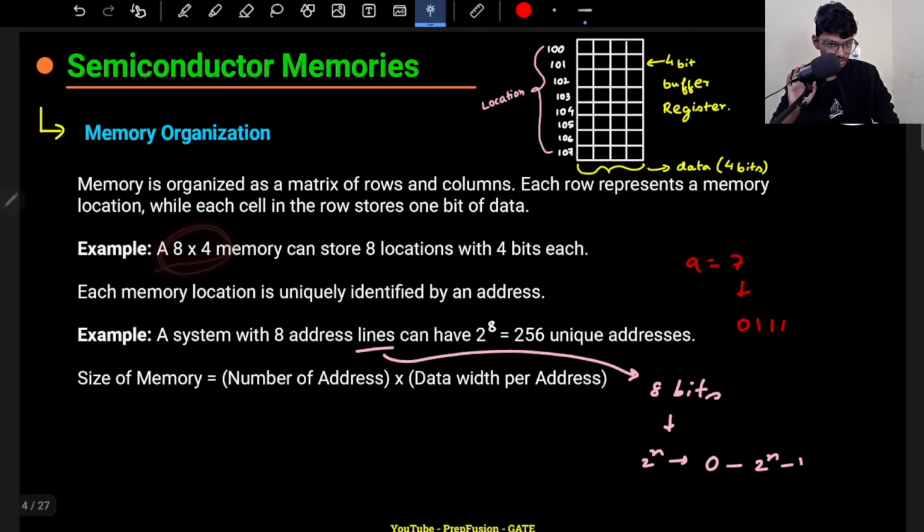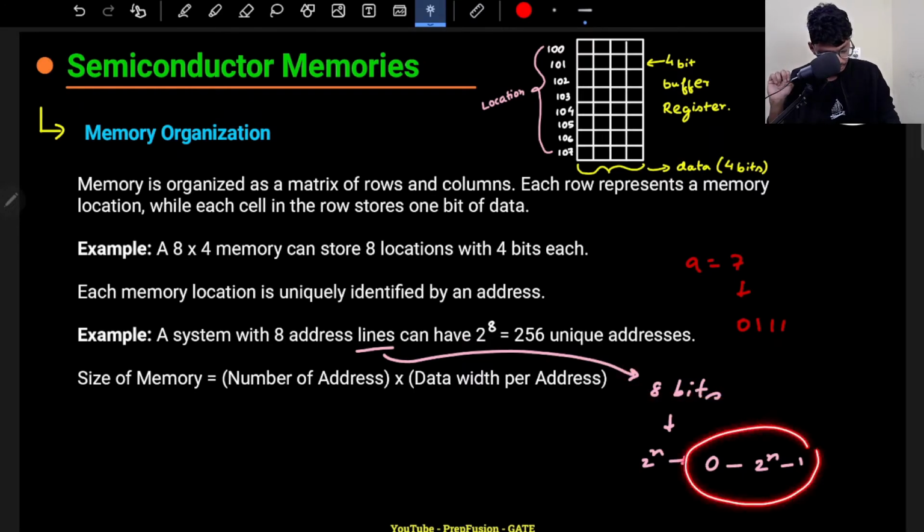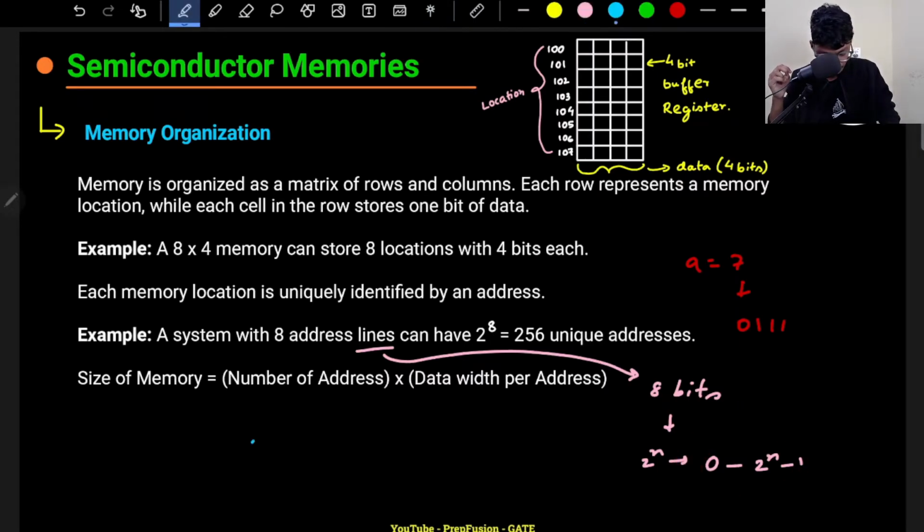If I have n address bits, I will have 2 raised to power n unique addresses, into the data width per address. It depends: if I have 8 bits per address, I will write 8 here; if I have 4 bits per address, I will write 4. So this will be the data width.